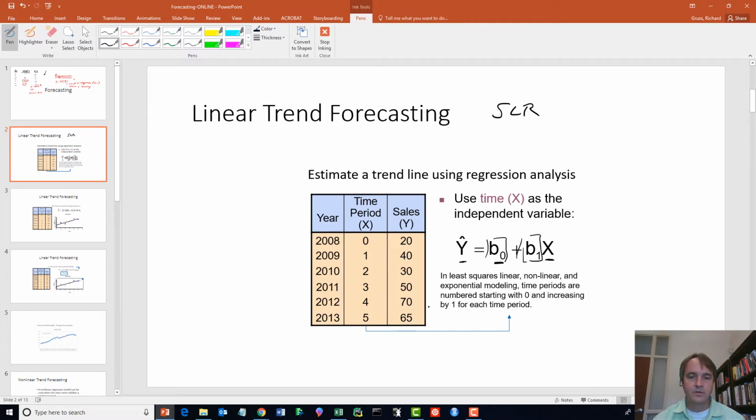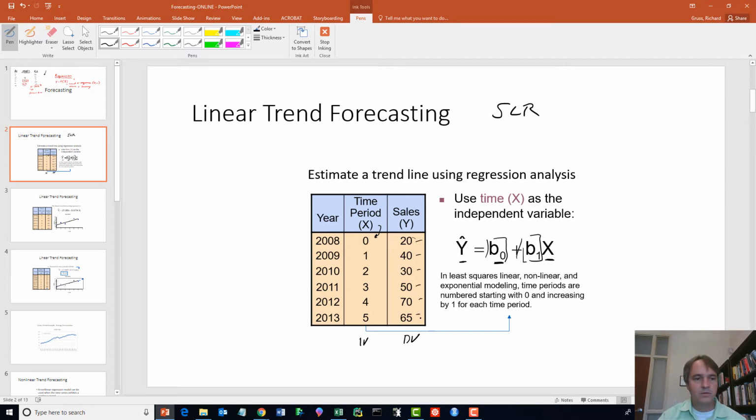So we start with our actual time series here, and the first thing we do is assign a sequential numbering. And then we just make this sequential numbering our independent variable, and this our dependent variable.